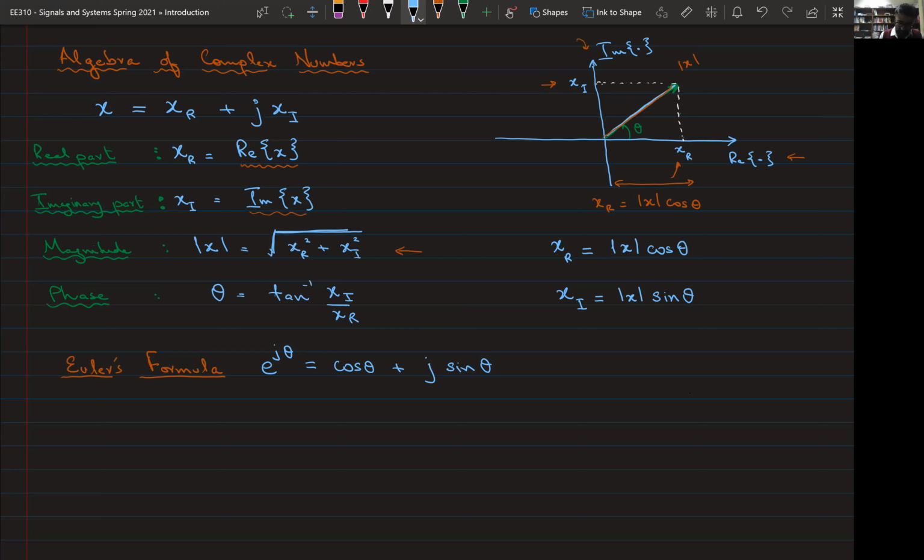I can say, if x is equal to x sub r plus j times x sub i, and xr is nothing but the absolute value of x times cosine theta, and xi is nothing but the absolute value of x times sine theta, what I can do next is take the absolute value of x out as a common factor, times cosine theta plus j sine theta.